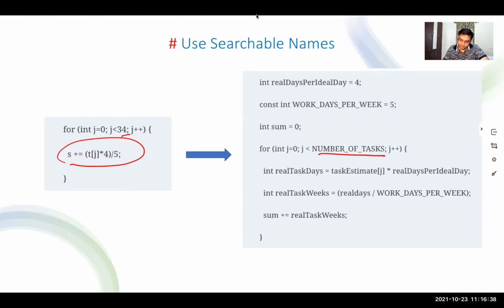If it is less than the number of tasks, I get the sum, but this sum also I have made into different things, instead of just this 4, 5, 34 or whatever it is, right? So this is how we can refactor our code and make it more readable, because at this time the code looks more readable. Is it clear? Any doubt on this? No, sir. Okay.